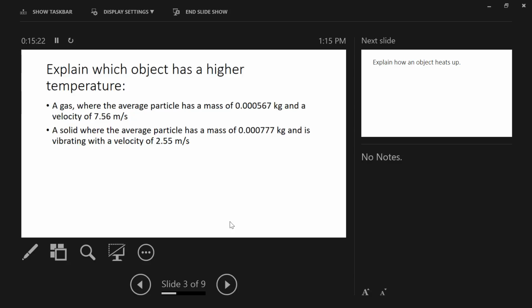All right. So then the kinetic energy of object B is 1/2 times the mass of object B, which is 0.000777 kilograms, times our velocity, which is 2.55 meters per second, quantity squared. And now we can calculate this out.